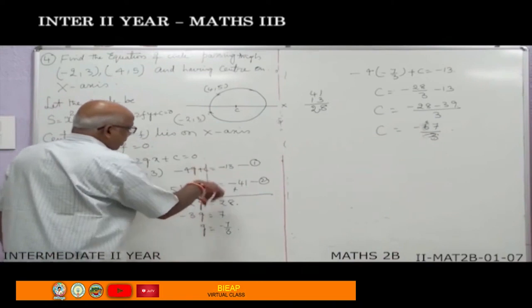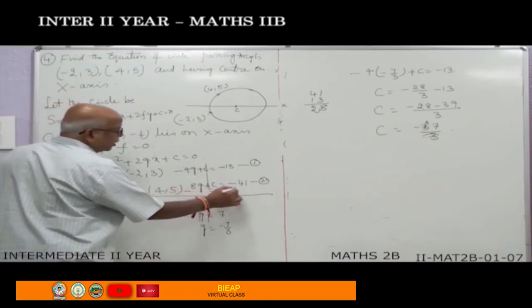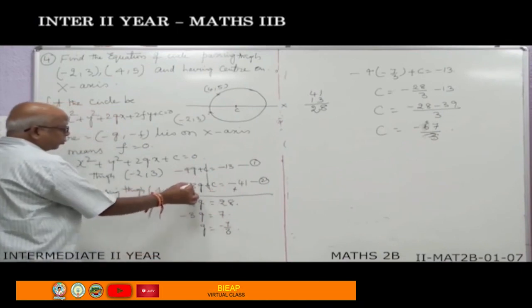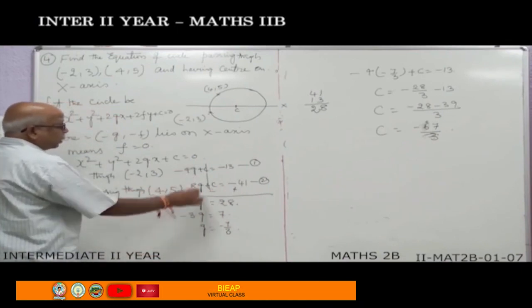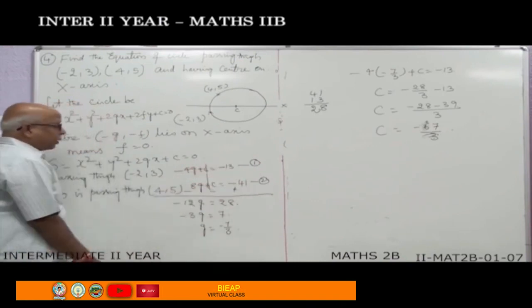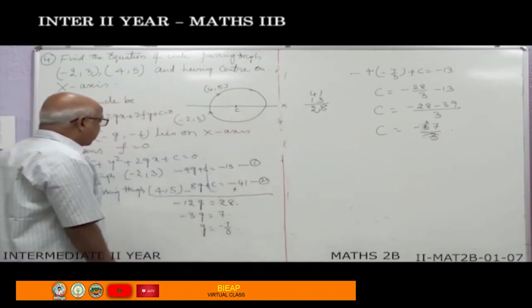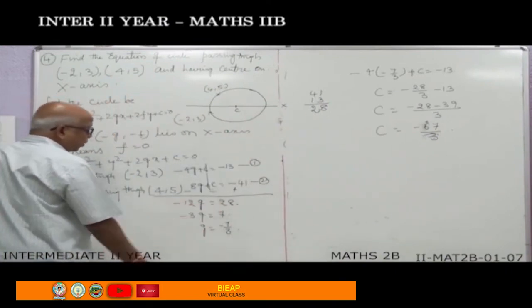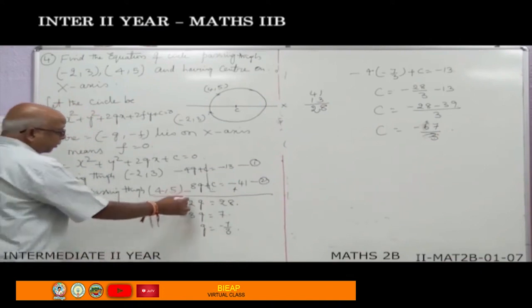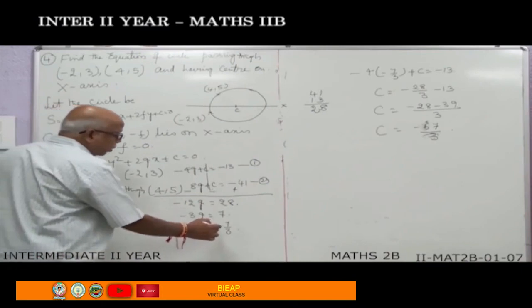Here, subtracting, this is minus and this one is plus. Minus 4 minus 8, minus 12. C cancelled. Minus 13 plus 41. 41 minus 13 is how much? 28. Minus 12G equal to 28. Cancelling 4, minus 3G equal to 7. G value, minus 7 by 3.